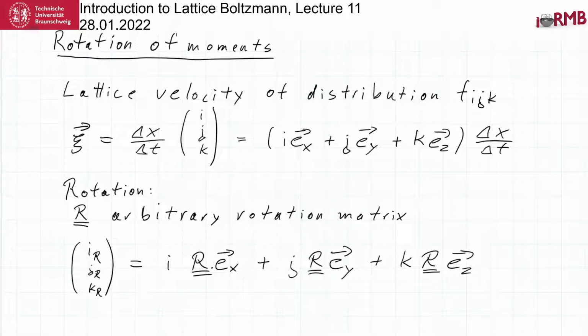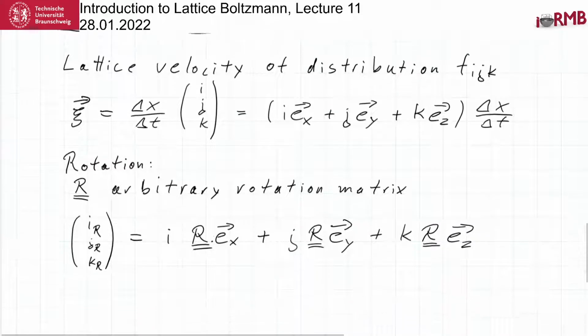Yeah, so we multiply the matrix by each of these unit vectors, and then we get the I, j and k in the rotated coordinate system. And under this rotation, everything has to behave the same way.